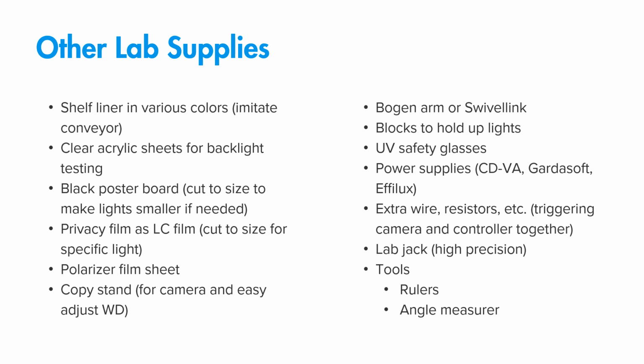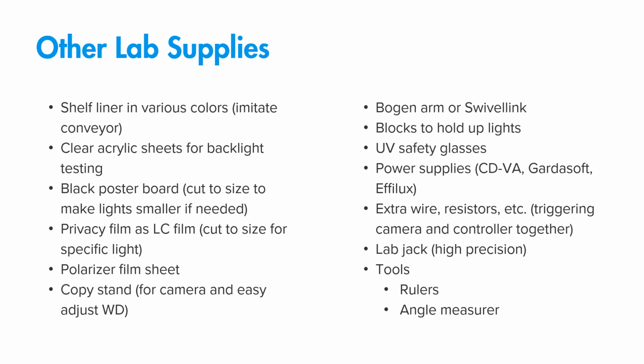So what we have in our lab is clear acrylic sheets that we'll set up on blocks, and then we'll put our sample there, and it can be in between the camera and the backlight, but not have to be sitting directly on the backlight. So that works really well, just to make sure you're getting the same image in testing and the same image when it's actually installed on the manufacturing line.